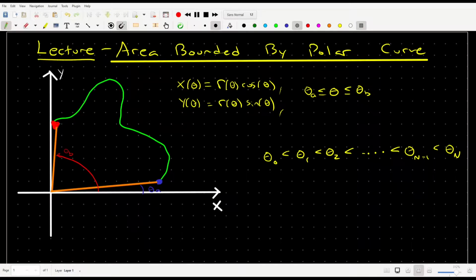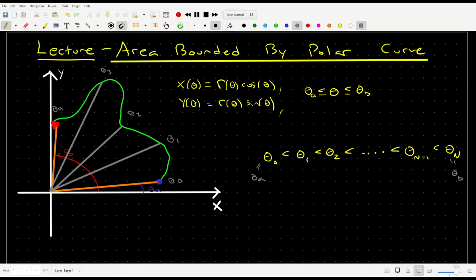Consider the segment of a circle going out to a sample point in each one of these regions. Here is a partition with a couple of different pieces. Theta naught is theta A, and theta n is theta B.